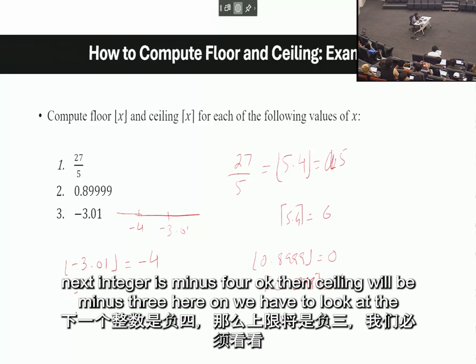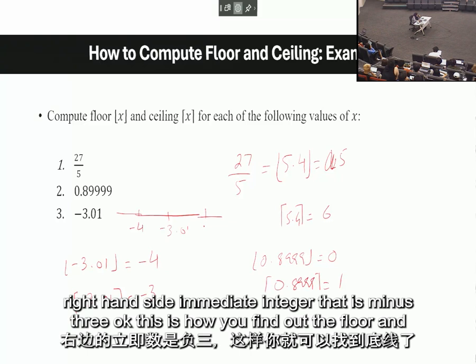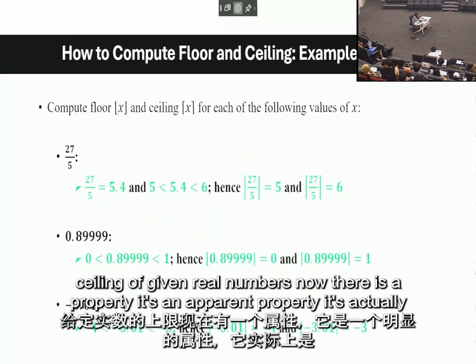Then ceiling will be -3, because here we have to look at the right hand side, the immediate integer, that is -3. This is how you find out the floor and ceiling of given real numbers.